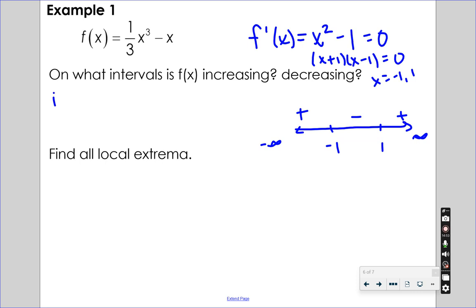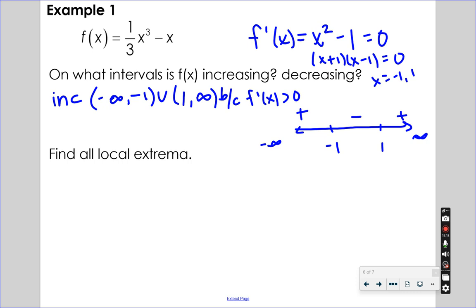All right, so where are we increasing? Negative infinity to -1 and 1 to infinity. What's my justification for increasing? I called it f of x, so we're going to say f prime of x is greater than 0.